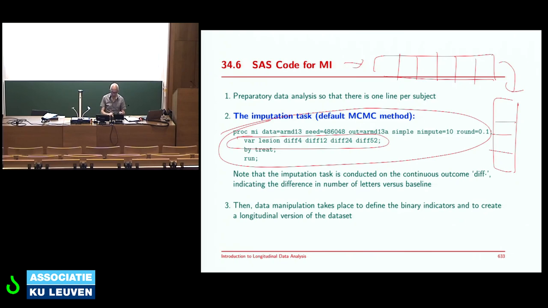And here in this case, we use the difference with baseline at 4, 12, 24, and 52 weeks. But also lesion, and that's interesting because lesion is actually complete. However, this is a very important point. If you're going to use lesion in your analysis model, it should be part also of the imputation model.